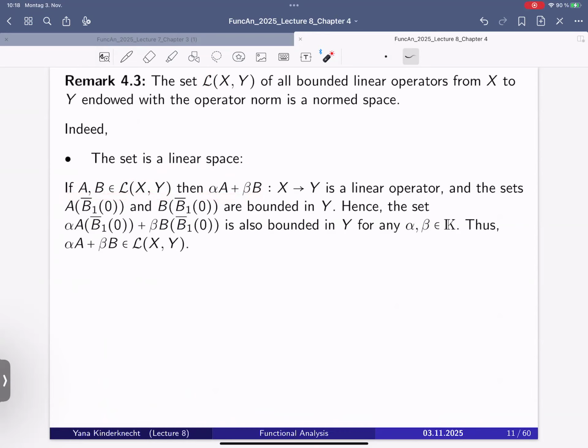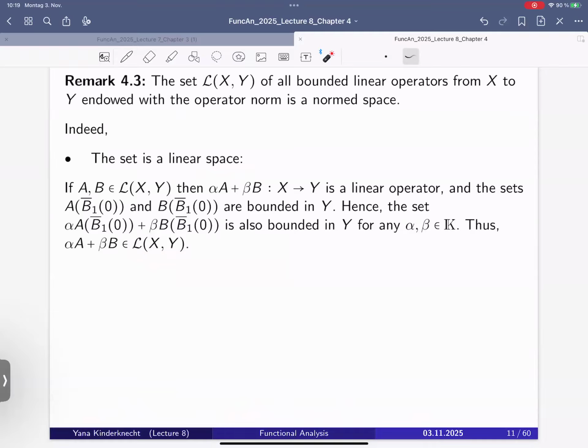And since A and B are bounded, these sets are bounded sets in Y. Hence this operator maps the closed unit ball onto this set due to linearity, and this set is also bounded in Y for any fixed alpha and beta in K. One can check it very easily. Since this set is bounded and this set is bounded, one can prove that their linear combination is again a bounded set. Hence, we have shown that the linear combination of operators again belongs to this set, and hence this set is a linear space.